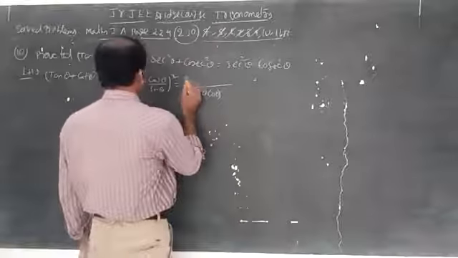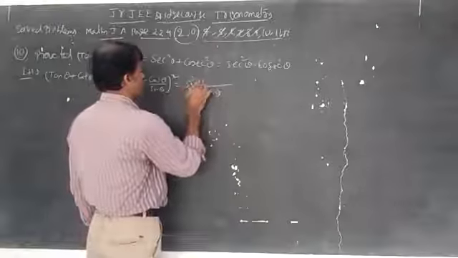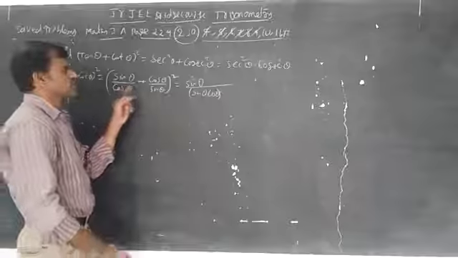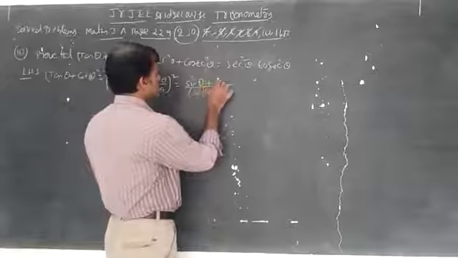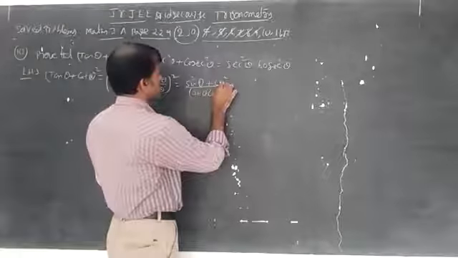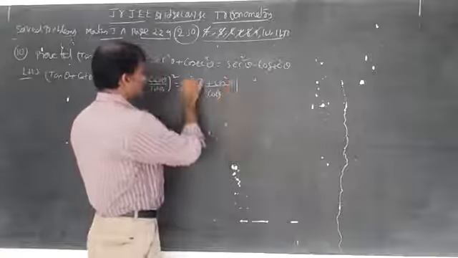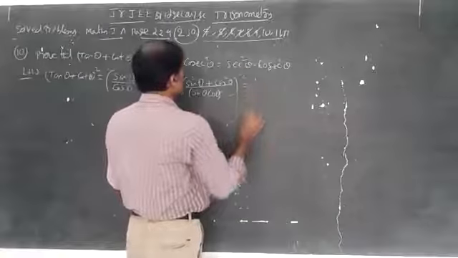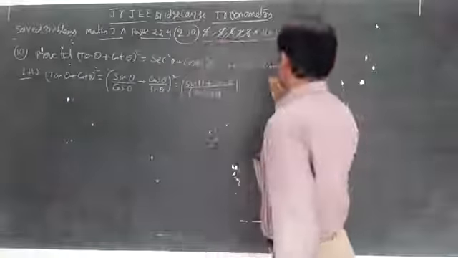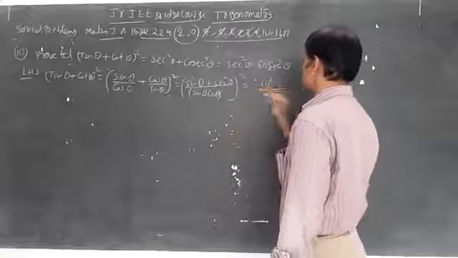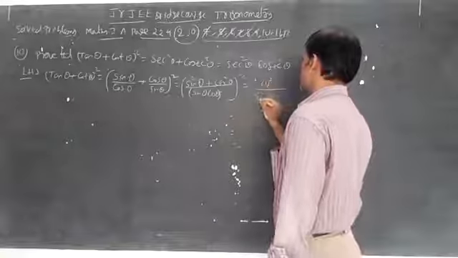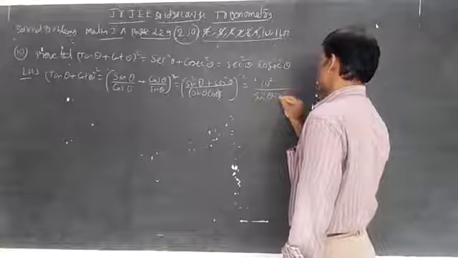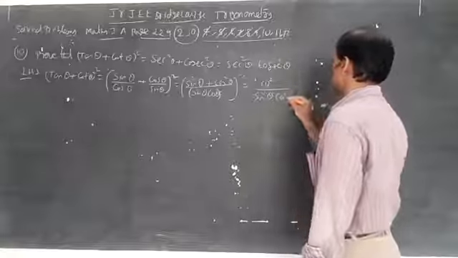Taking the LCM here, it becomes sin square theta plus cos square theta, overall whole square. So sin square theta plus cos square theta becomes 1, whole square. Here it is sin square theta into cos square theta.